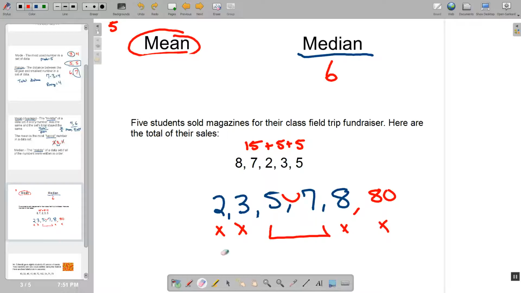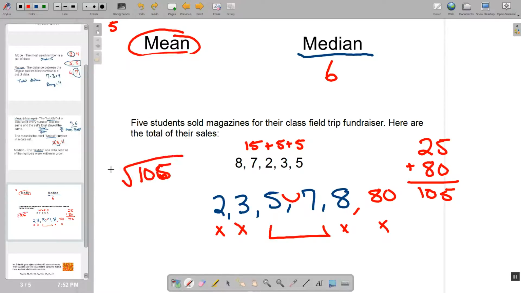Okay? So let's now do what we did before and find the mean. We know that these were all 25. So then we're going to add 25 plus 80, which is 105. And now we have to divide by 6. Okay? So 6 can fit into 10 without going over.